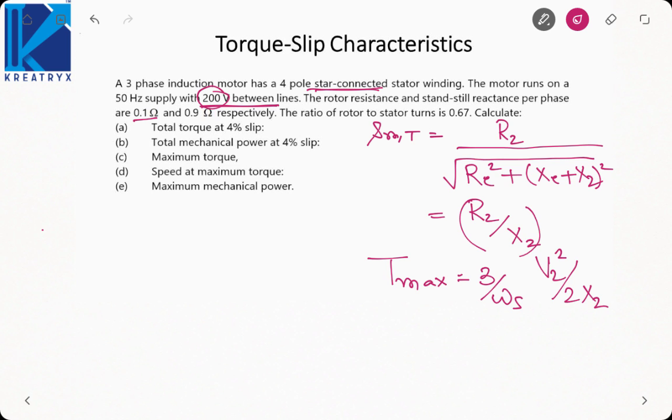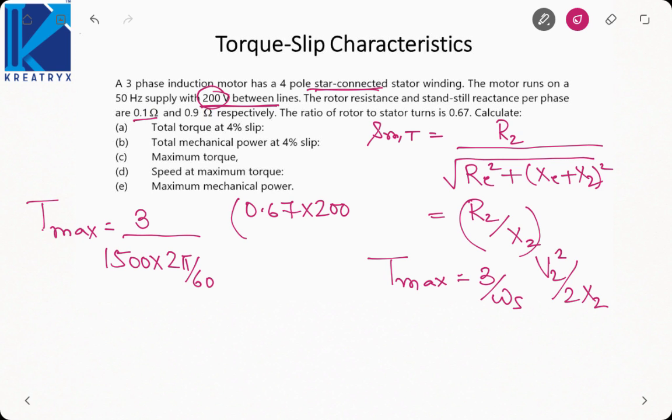Now let us find out the maximum torque. It will be 3 by 1500 into 2 pi by 60, V2 square is (0.67 into 200 by root 3) square, by 2 into X2, which is 2 into 0.9. So this will come out to be 63.5 Newton meter. Okay, that will be your maximum torque.